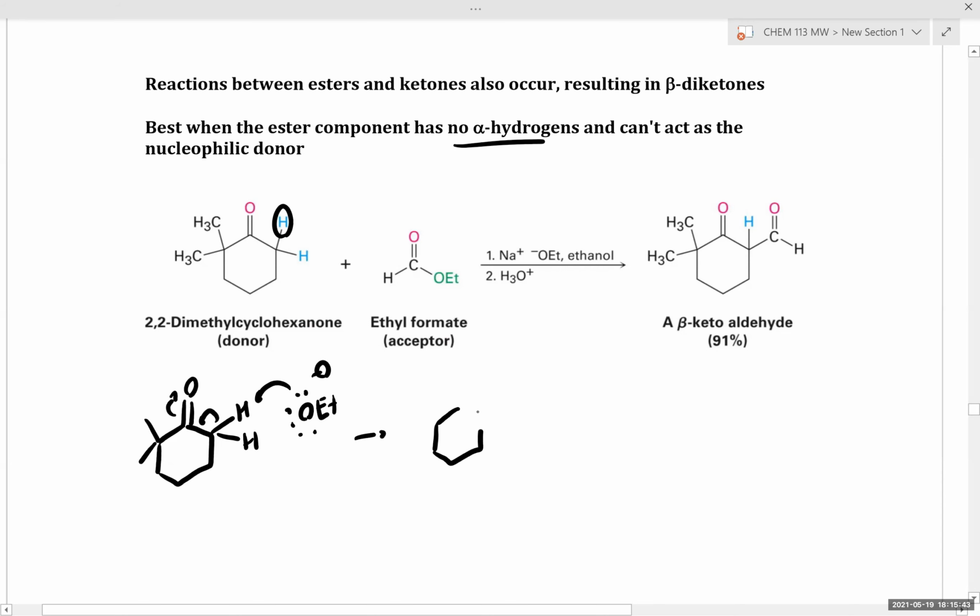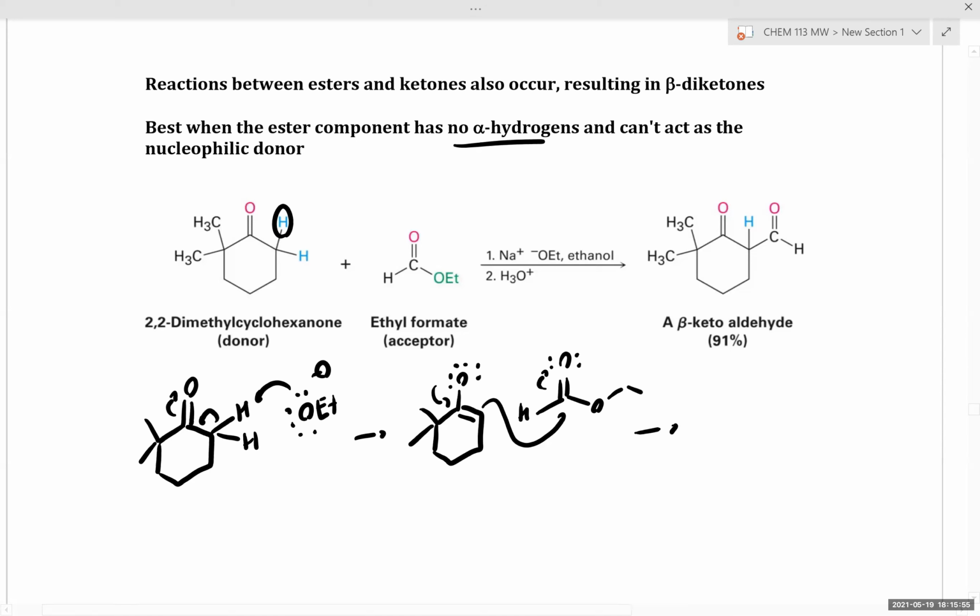From here now, we have a pretty nucleophilic ketone-derived enolate. It can attack our electrophile, which in this case is ethyl formate. And that in turn gives us a tetrahedral intermediate.